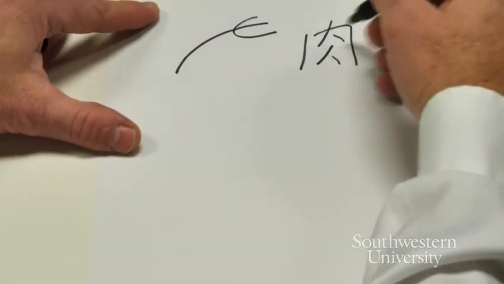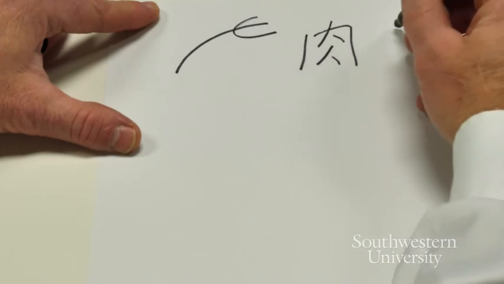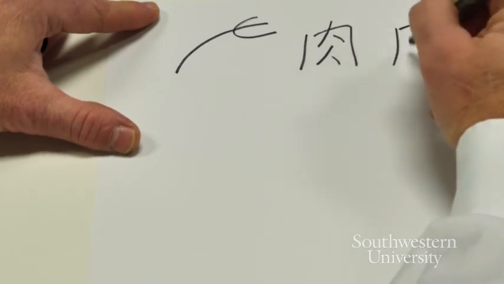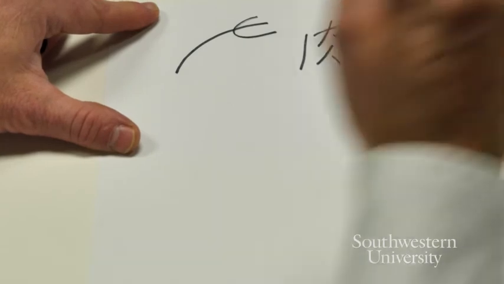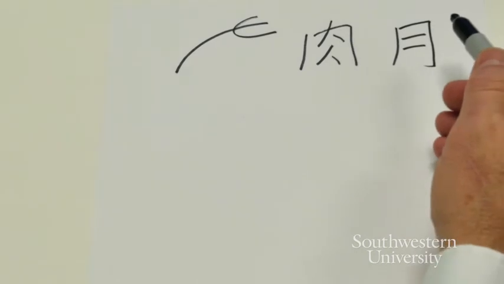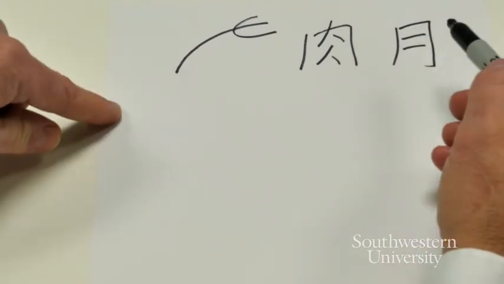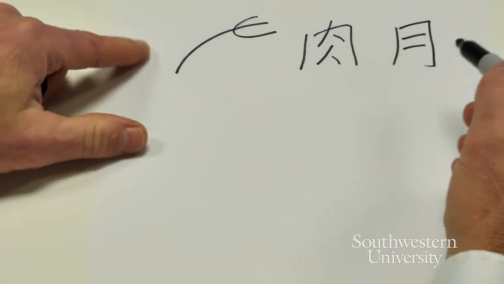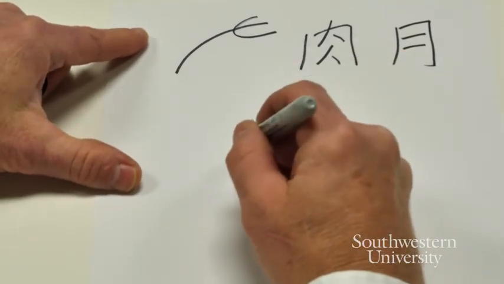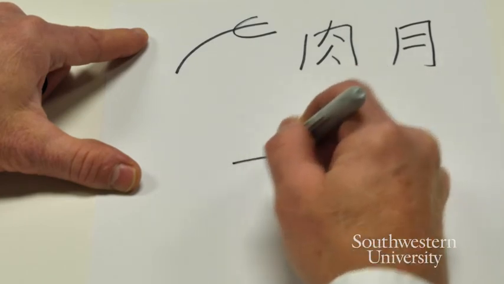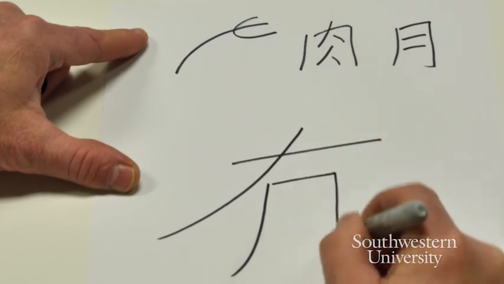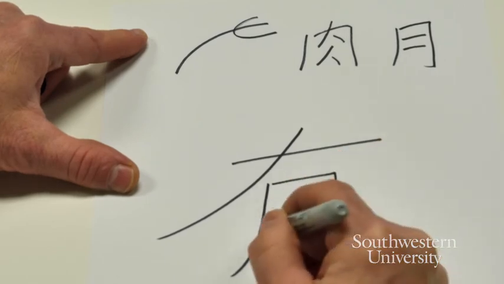So, grow. Meat is often simplified into the character for moon. And at some point, the character for flesh, muscle, body, this kind of depiction, and moon came to resemble each other quite a bit. So in traditional and simplified, it is hung, pie, hung ja, go, hung.